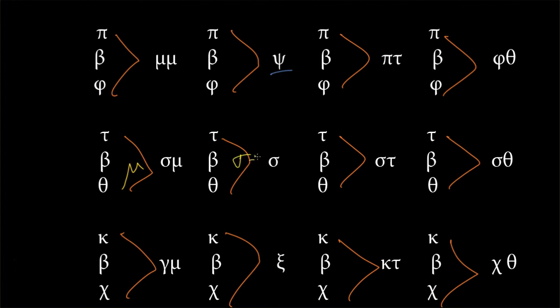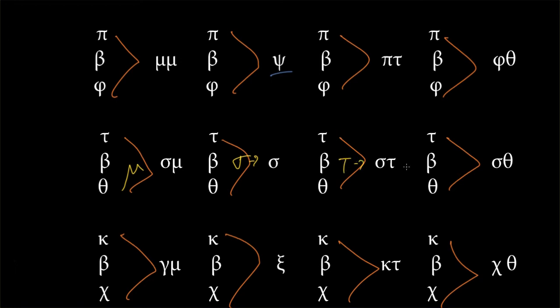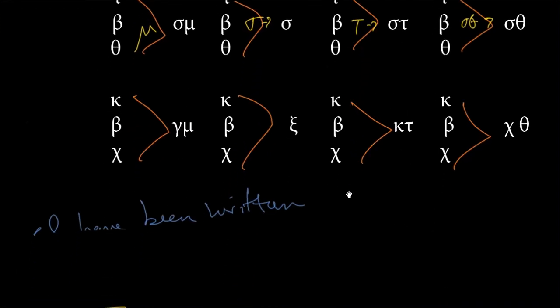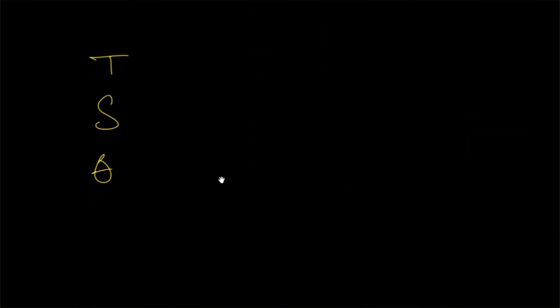When we add a sigma, we just get a plain old sigma. When we add a tau, we're going to get a sigma tau. And when we add a sigma theta, we're just going to keep that sigma theta. So sm, s, st, and sth, this is what we're going to get with our pepoitha. So let's write it out, at least the stem, in all the persons.